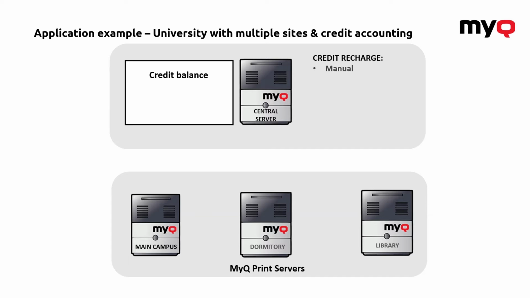When it comes to the recharging options, it's pretty much the same as on the site or standalone server, so you can use the manual one or one of the payment providers. There is actually one limitation, and that is the voucher, which is at this moment not available for topping up the credit on the central server, simply for that reason that the central server does not communicate with the embedded client.